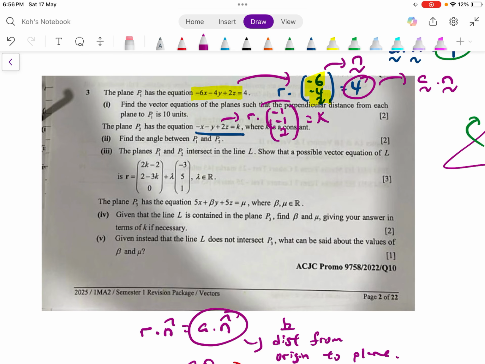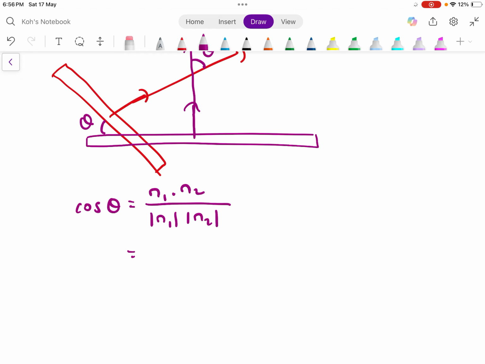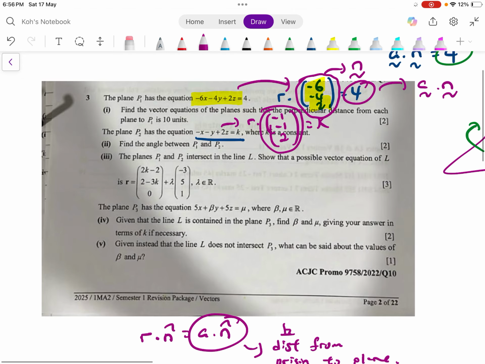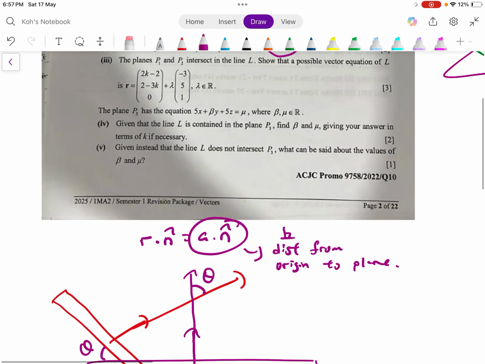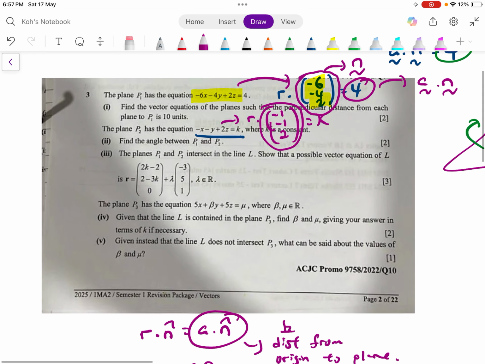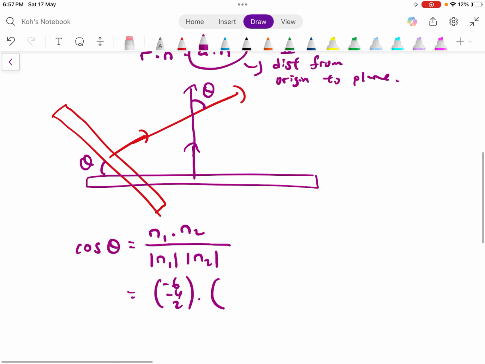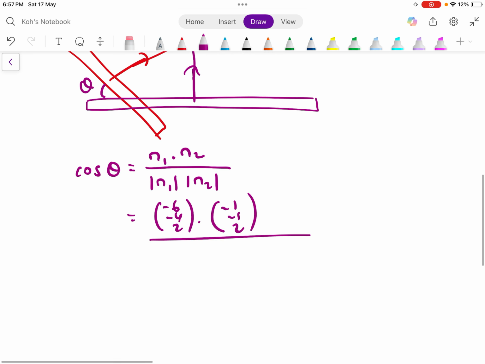So I need the normal vector, (..., -1, 2). And of course, the first one is (-6, -4, 2). So (-6, -4, 2) dot with (..., -1, 2). Then you do the magnitude.